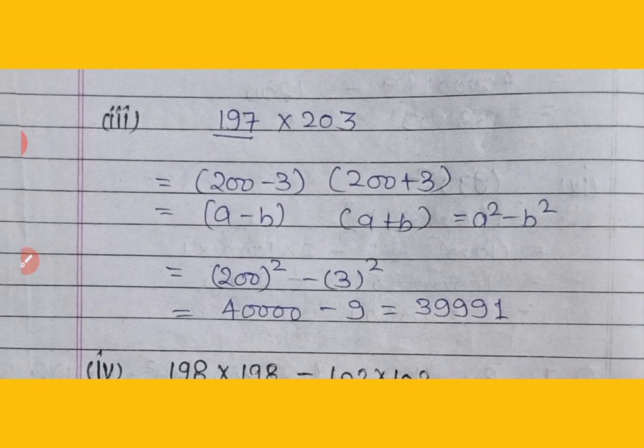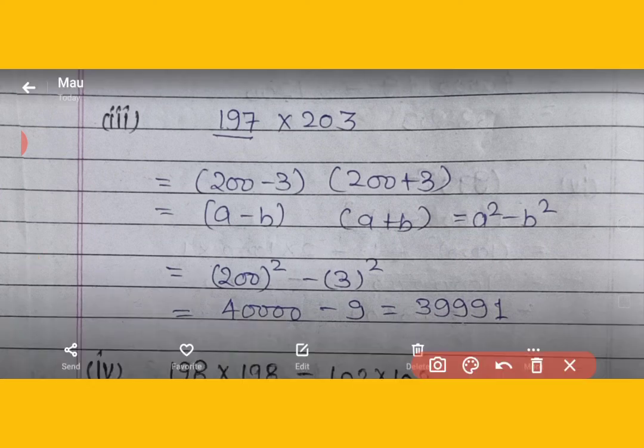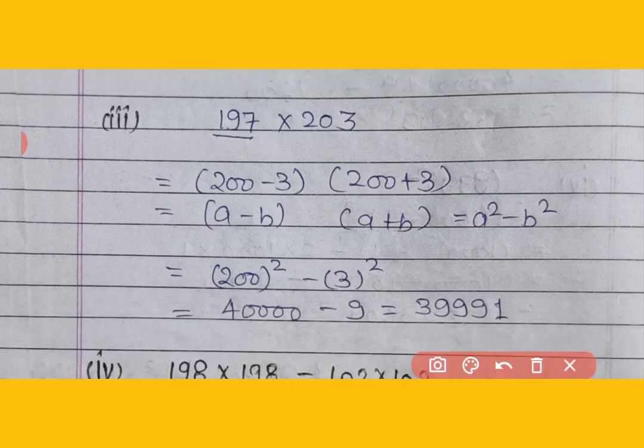In the series, next question is given: 197 multiplied by 203. If this type of question is given for solving using the identity a square minus b square, then we have to first change into the nearest 100. So 197's nearest 100 is 200. So it can be represented in the form of 200 minus 3, and 203 can also be represented in the form of 200 plus 3.